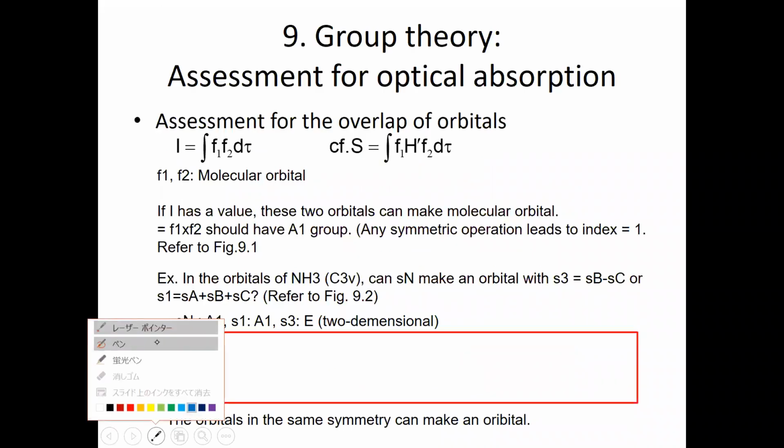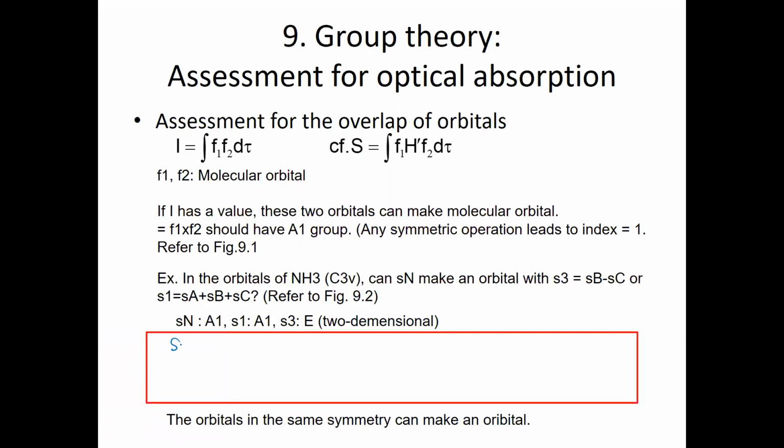So for Sn, just write the index values 1, 1, 1, and then S1 is also included in A1, so 1, 1, 1, and then just multiply each component of the index: 1, 1, 1.